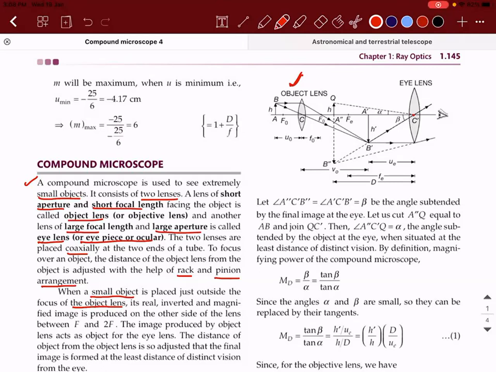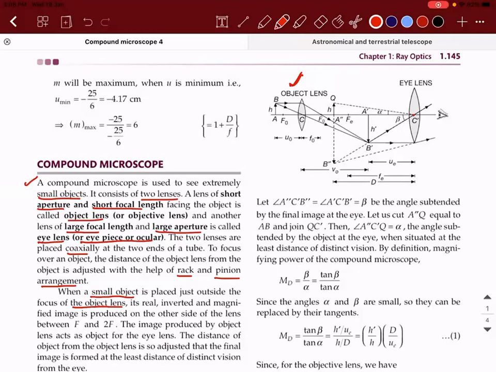Now, out of these two positions, which one are we supposed to choose logically? The one we are supposed to choose is between the focus and the center of curvature, right? So I repeat, when you place it between the focus and the center of curvature, the image is magnified and real.